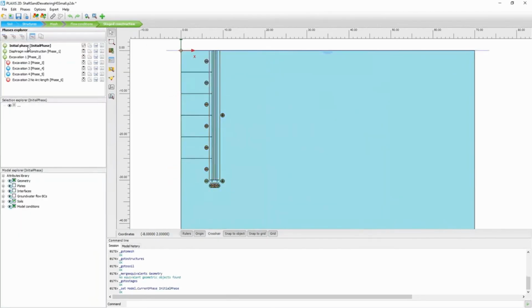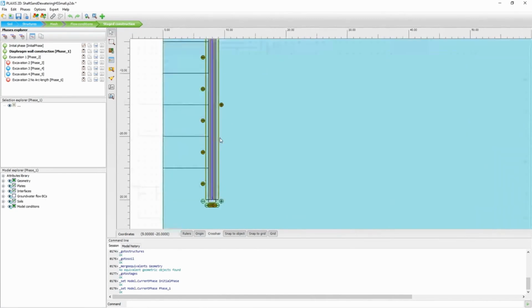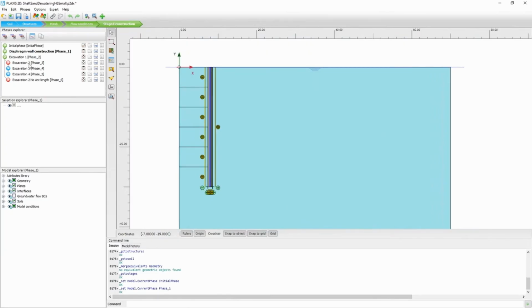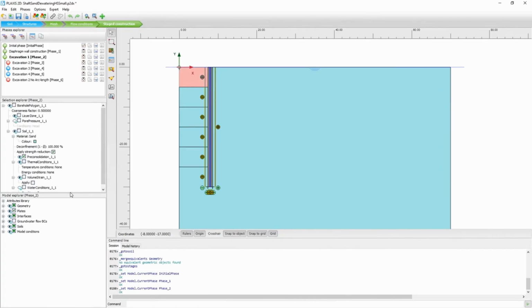So we have initially the initial phase, which is a K0 procedure here, and then I will just place the diaphragm wall with introduction of the dummy plate, the interfaces, and so on. And then I will start dewatering. And the dewatering here is going to be done by iterating over the same sequence of actions, where I deactivate the soil cluster and I just set it to dry right here, you see?